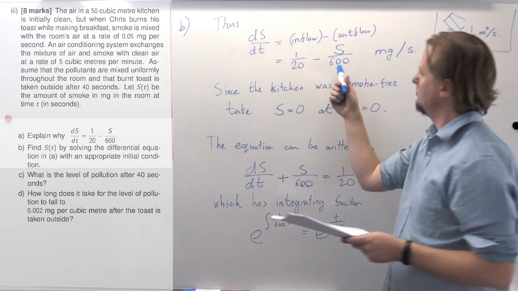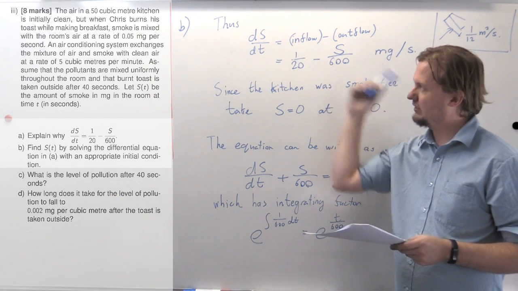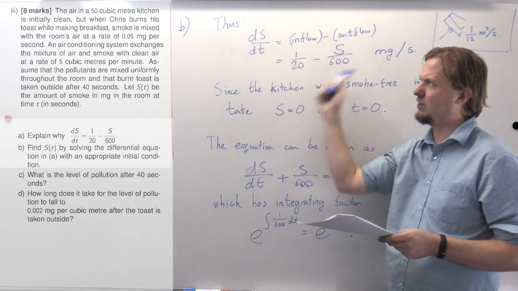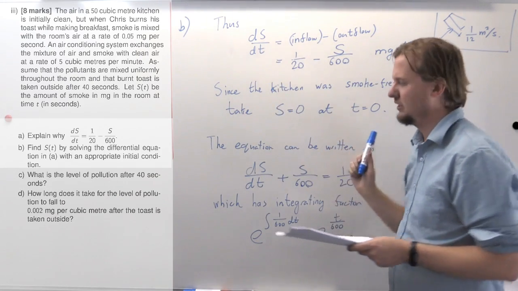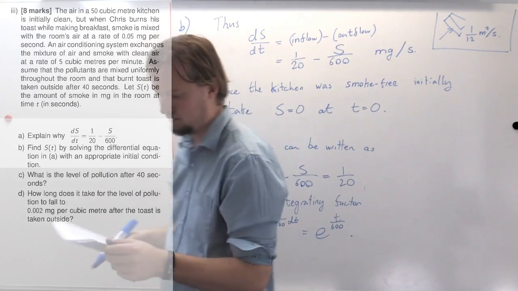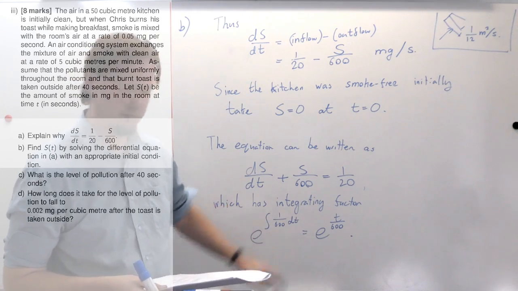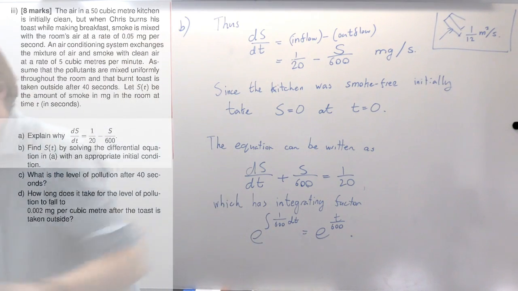But this is the correct equation to deal with. So we gave you the equation because we would like you to try and solve this equation, and we would like you to give a good explanation as to where it comes from. All right, so this is the integrating factor.